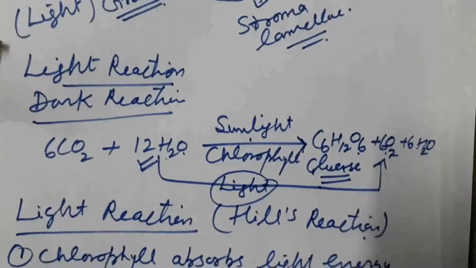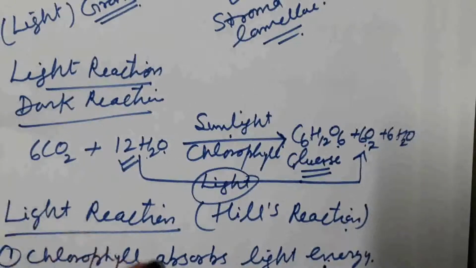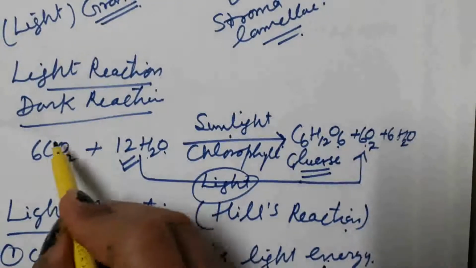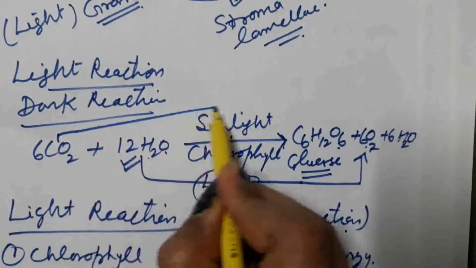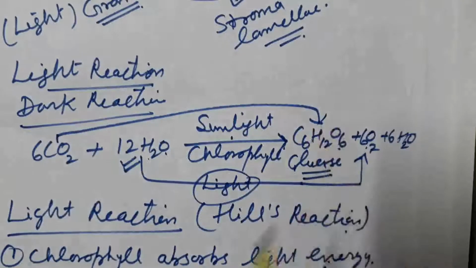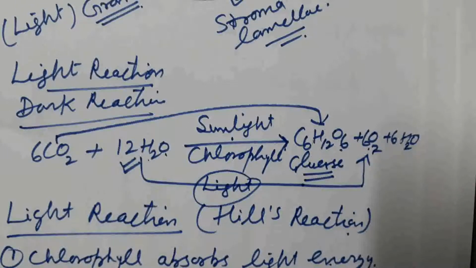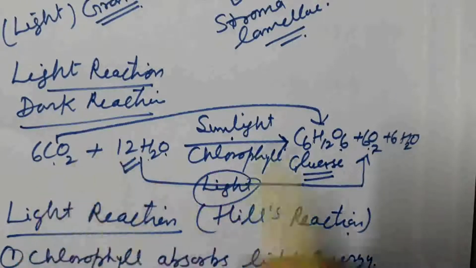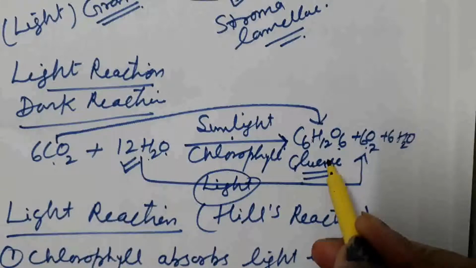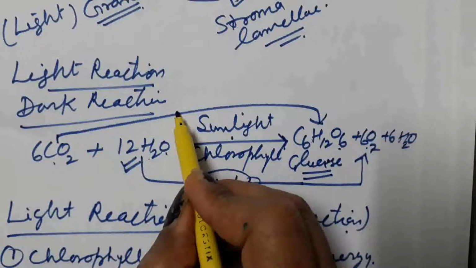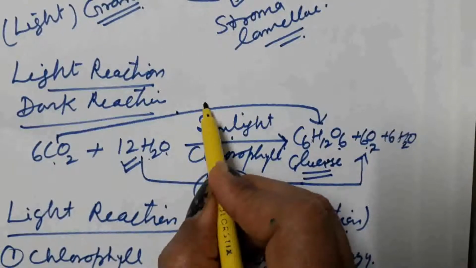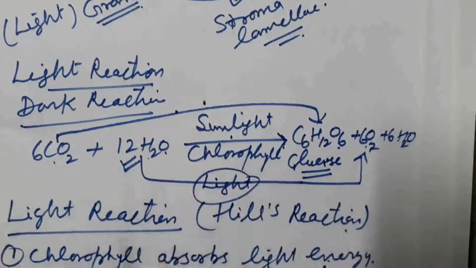This is the equation of photosynthesis. What happens in the dark reaction? CO2 is reduced into carbohydrate or glucose by utilization of the assimilatory power, that is ATP and NADPH produced in the light reaction.